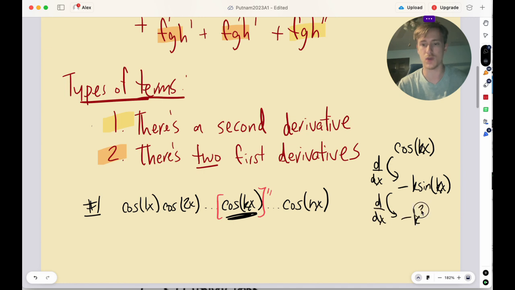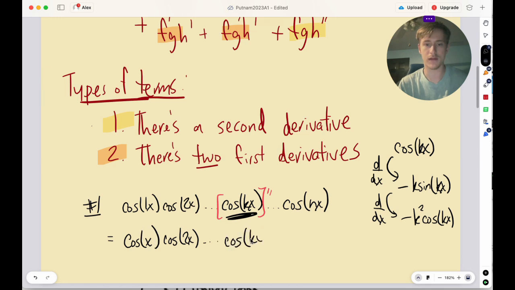That's going to be negative k squared cosine kx. Okay, so the first term is going to essentially look like cosine of 1x, cosine of 2x, and so on, cosine of kx, cosine of nx, times negative k squared.